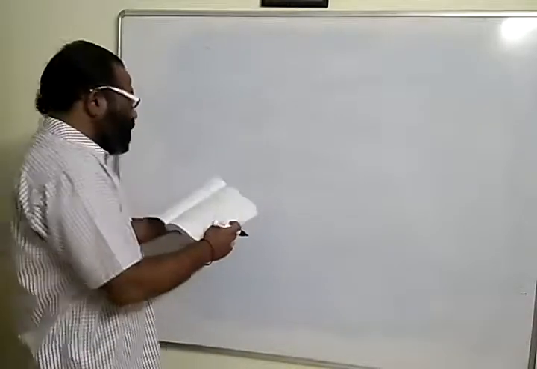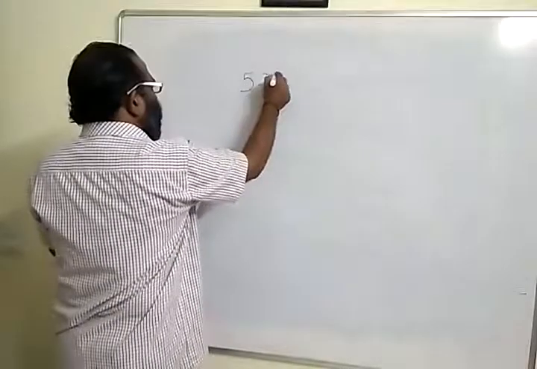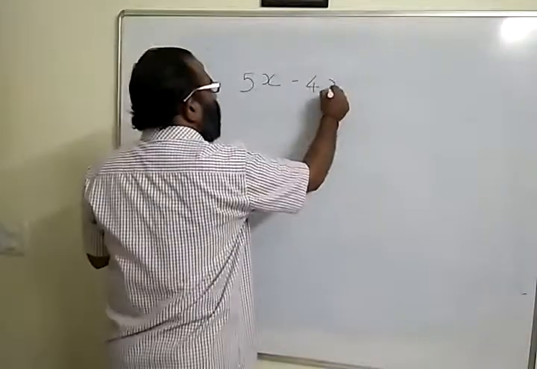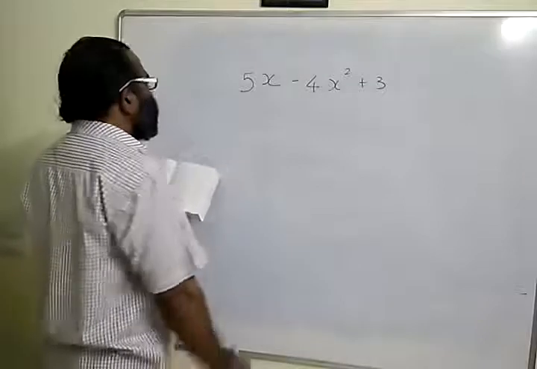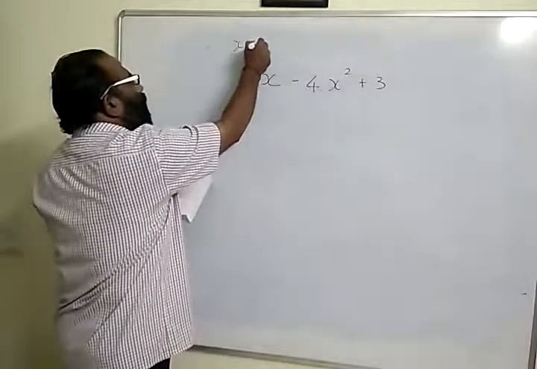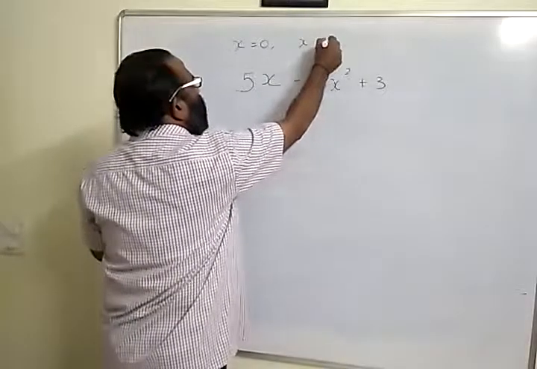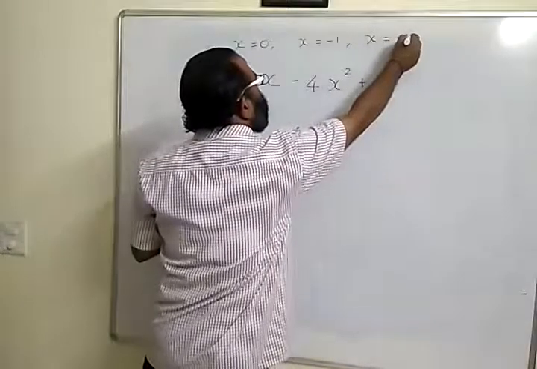Find the value of the polynomial 5x minus 4x squared plus 3 at, there are three things given: when x is equal to 0, when x is equal to minus 1, and when x is equal to minus 2.